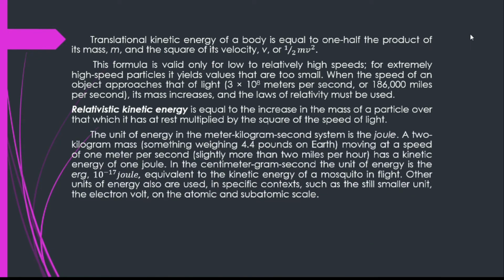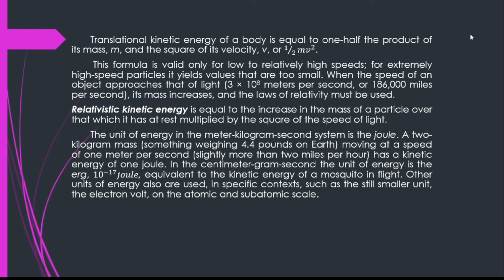The unit of energy in the meter kilogram second system is the joule. A 2 kilogram mass, something weighing 4.4 pounds on Earth, moving at a speed of 1 meter per second, slightly more than 2 miles per hour, has a kinetic energy of 1 joule.